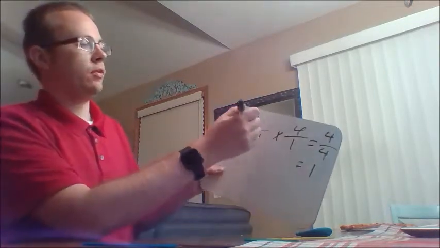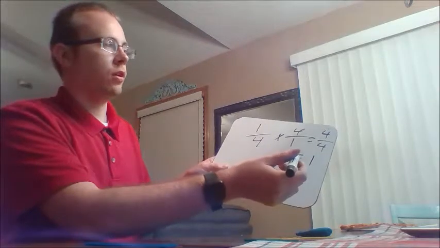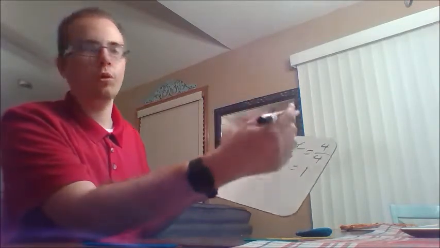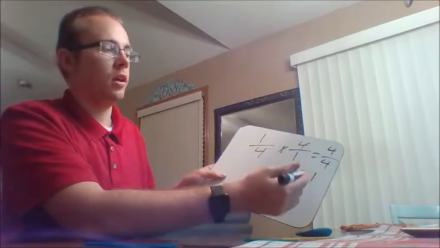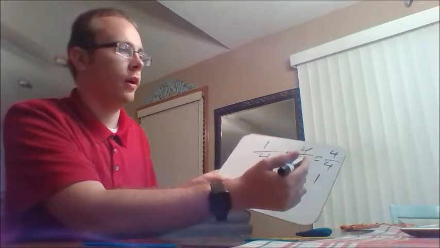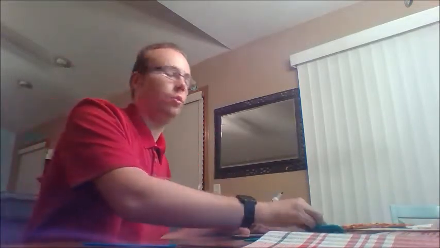When the fractions get flipped, they're called the reciprocal, and reciprocals always, when you multiply them together, equal 1. I'm going to give you some examples of a few fractions. I want you to write the reciprocal.